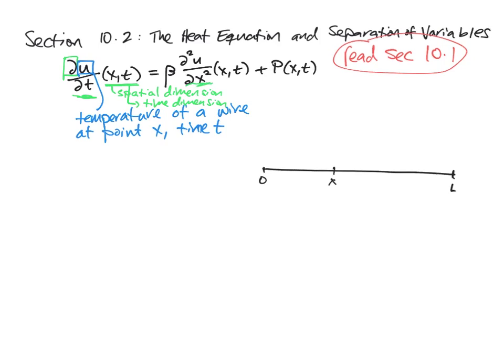So we have to take the derivative of u twice with respect to x, so how it's changing sort of in space. If we had more than one spatial dimension, like if we were modeling the heat on a surface, so then we would have two spatial dimensions, or in a room, and we'd have three, then we actually would take two derivatives in each spatial dimension, and then you add them all together. But again, that's discussed in section 10.1.